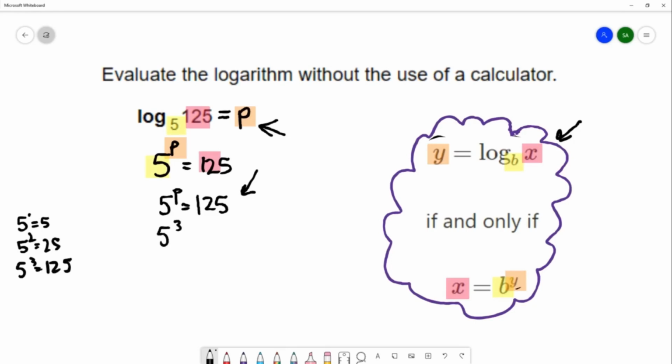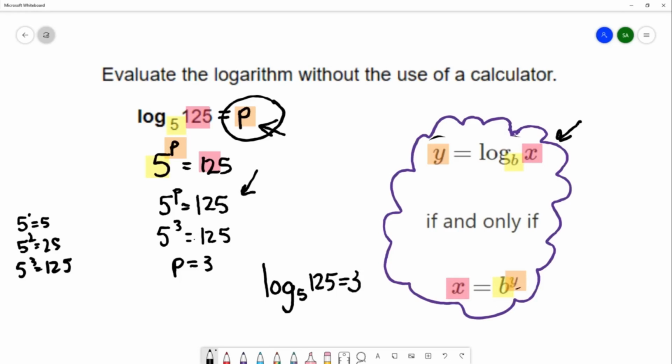So 5 cubed is 125, and now I know the value of p. And p is what I said that this log equals. So now I know that log base 5 of 125 equals 3.